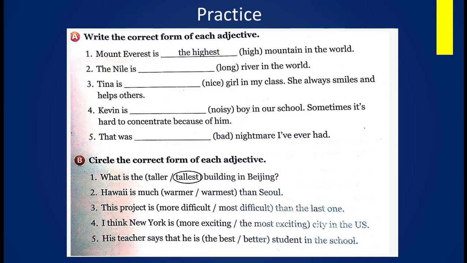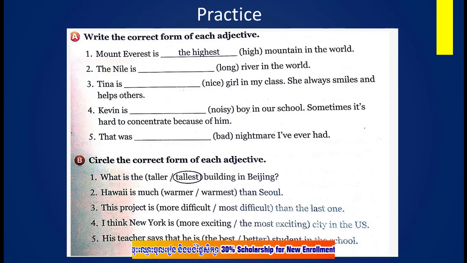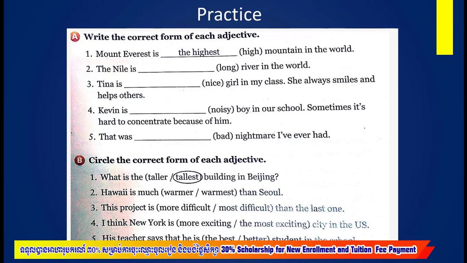Number 5, his teacher says that he is the smartest, the best, or the better. He is the best student in the school, not the better student in the school, because I use the superlative adjective here.